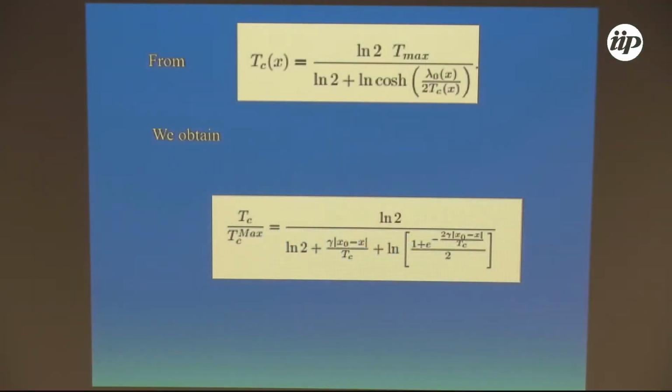By doing different expansions of that function, if I keep this modulus here, it's symmetric, but I just remove the modulus, because experimentally it's not symmetric.